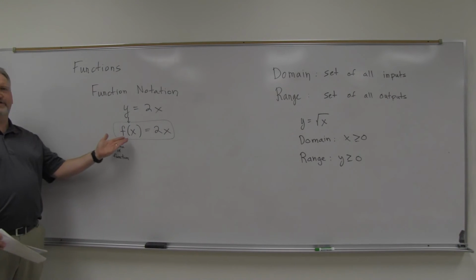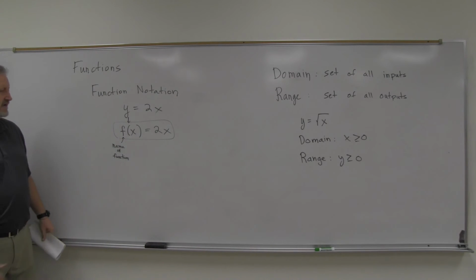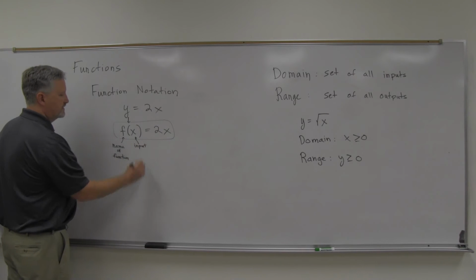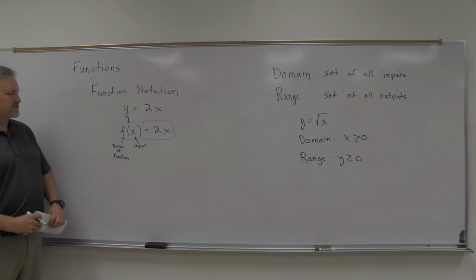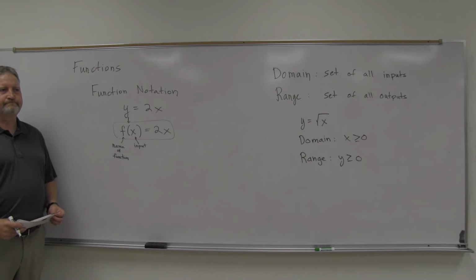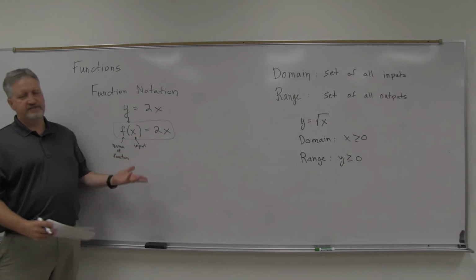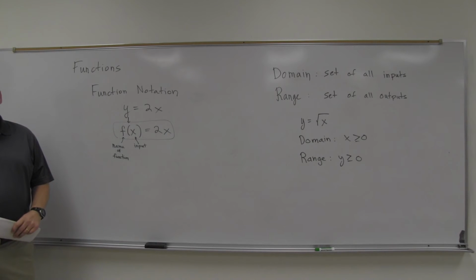Of course, the x here, the parentheses x, is considered your input value. The way we read this, and of course, the 2x is the defining expression for that function.